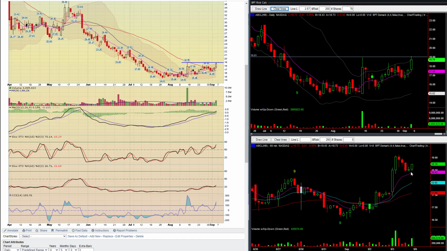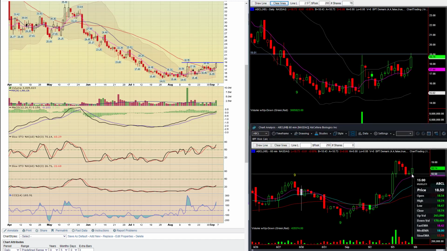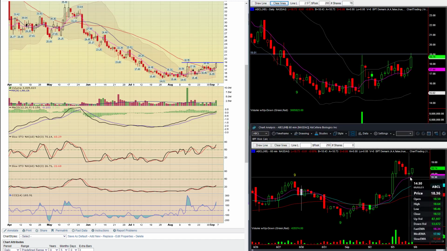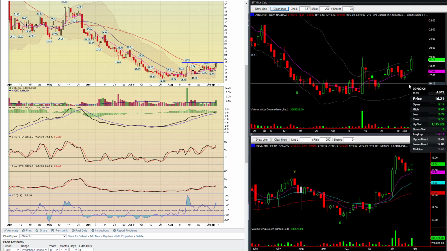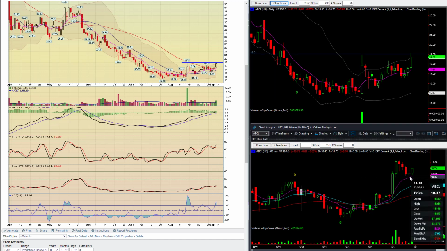Cancel that. So if you look here, notice we have kind of a flag here. Perhaps instead of using a stop all the way down here, I might elect to put a stop here. Let me go ahead and put a stop, say right here, and then put a buy stop up here.